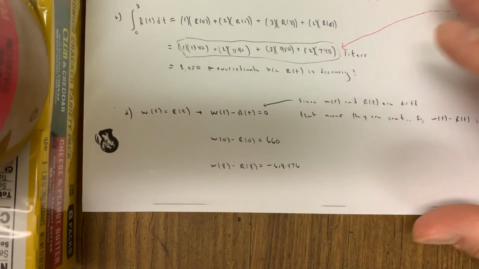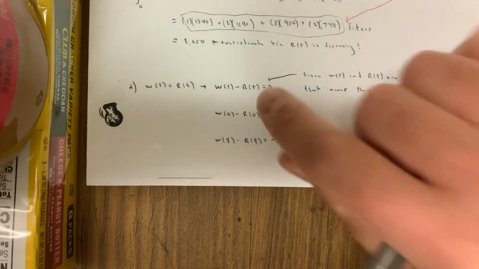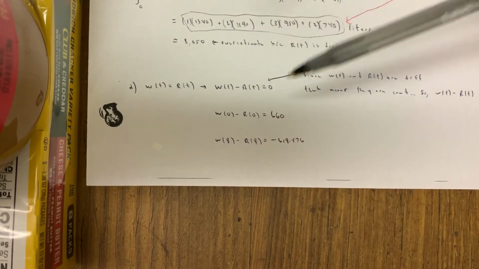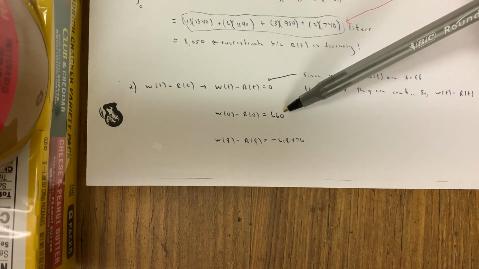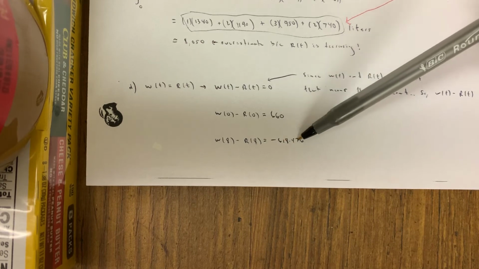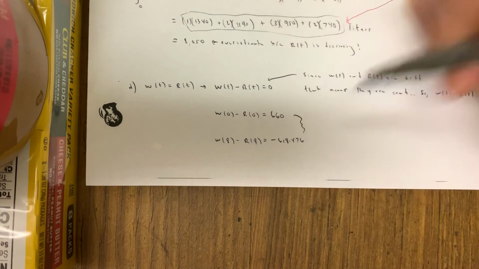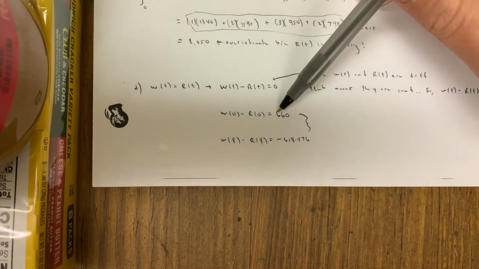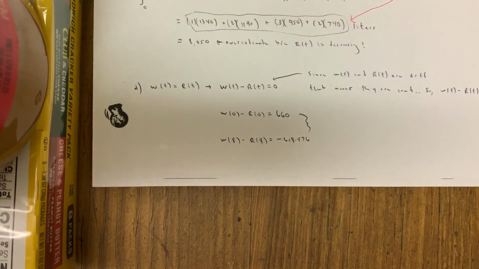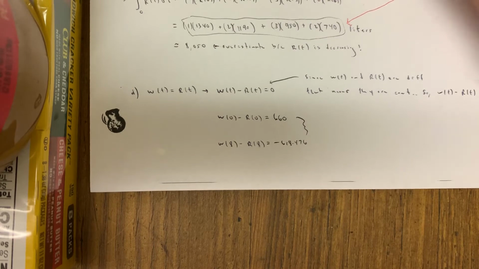That's the IVT. And you might notice here that W of t minus R of t has to go from 660 to negative 618.476 when t goes from 0 to 8. So if you want to get from a y value of positive 660 to a y value of negative 618, you must hit a y value in between.